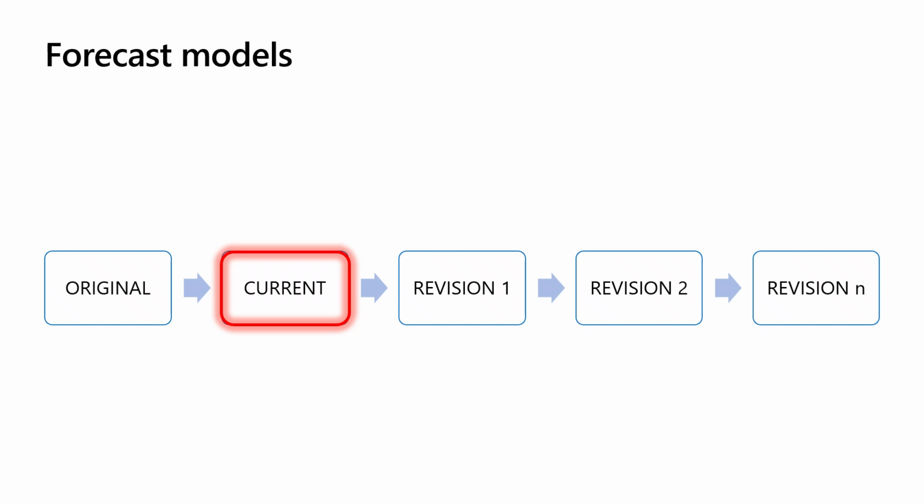When we come to the first forecast to complete session, we copy the current forecast to the revision 1 forecast. And changes made during forecast to complete are always made in the current forecast. At the next forecast to complete, we copy the current forecast again, but to the revision 2 forecast, and so on and so forth. This way we are able to track all the revisions we have made to the forecast.